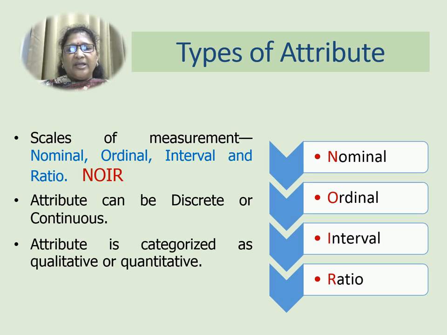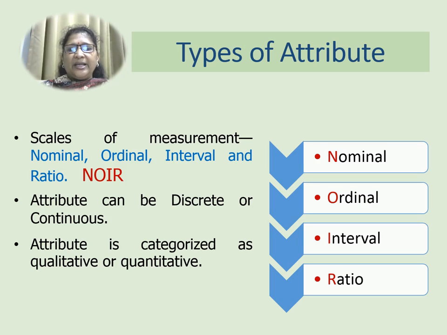A term coined very popularly is NOIR. It is very easy for you also to remember this term NOIR, which represents the four types of attributes: nominal, ordinal, interval, and ratio.